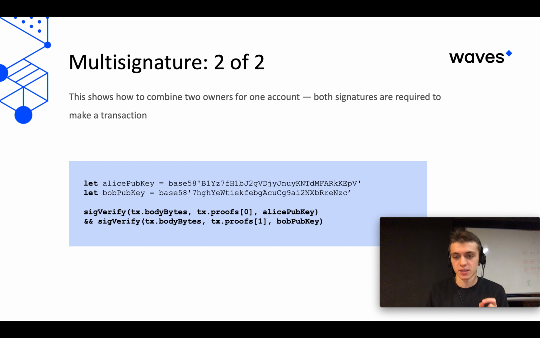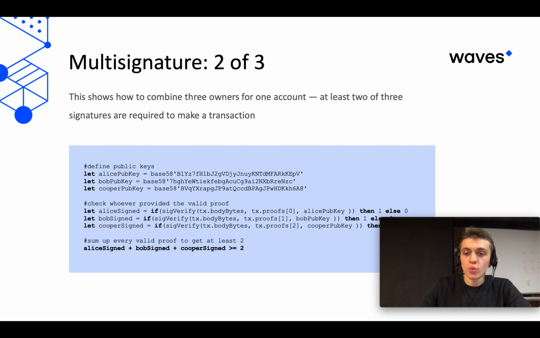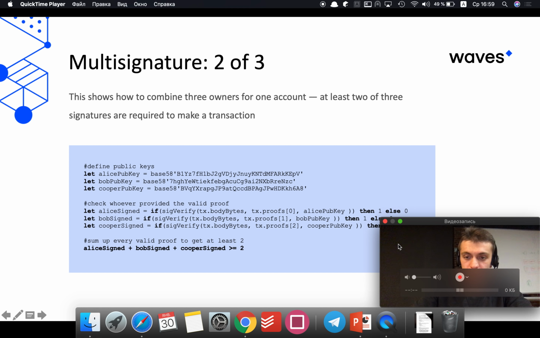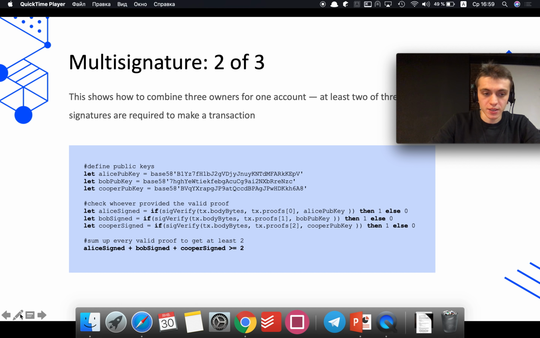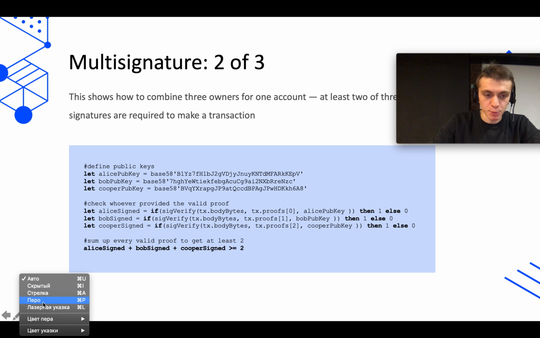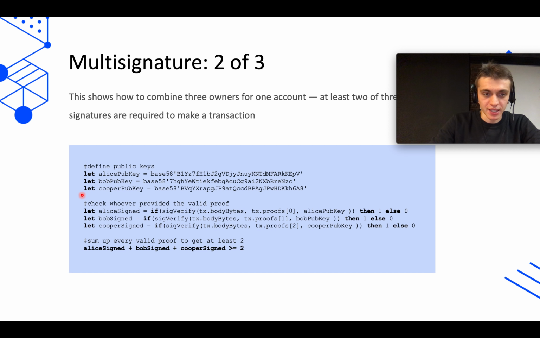Let's make it a little bit more complex. For example, we have 3 persons, Alice, Bob, and Cooper, and their public keys. And we want to make a multi-signature 2 of 3, not 2 of 2. I think I can explain it better now.